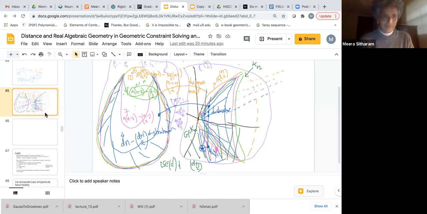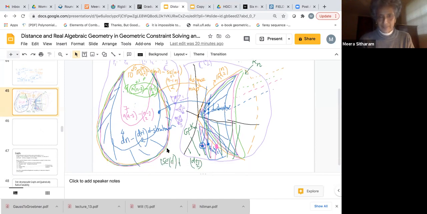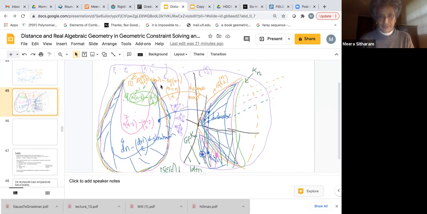So last time we ended up with this amazing diagram, which is essentially showing the map between point configurations, endpoint configurations over the complex numbers or real numbers, and the corresponding maps to the real symmetric matrices that represent the pairwise distances between the points.